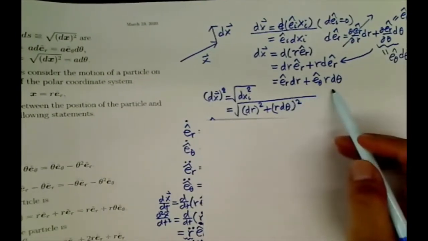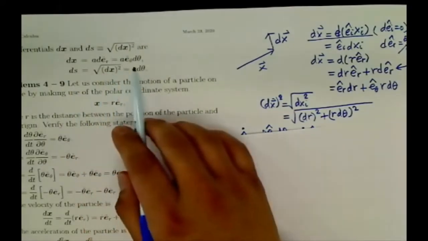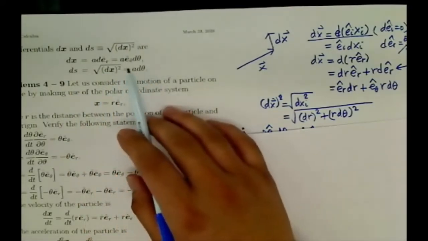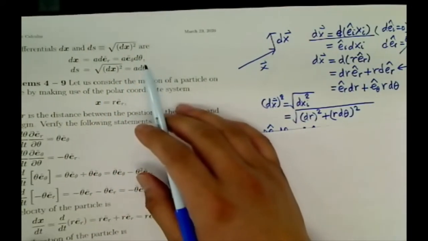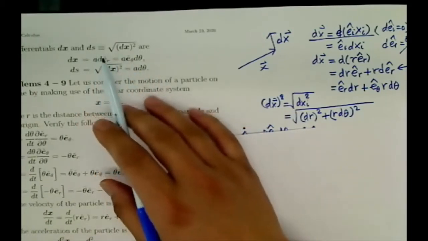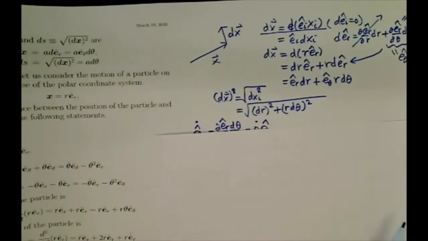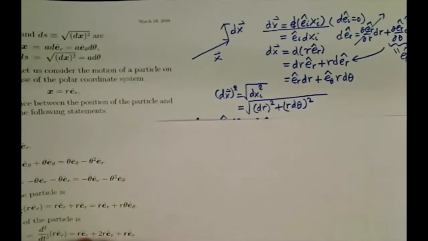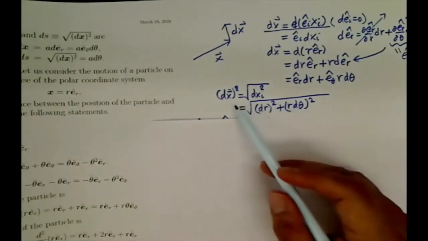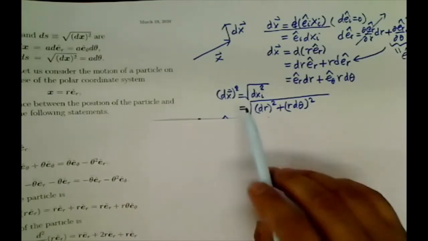In addition, this is in general, and this case does not have any dr contribution because radius r is fixed in this problem. So this is the more general case. Again, the total differential squared is like that.